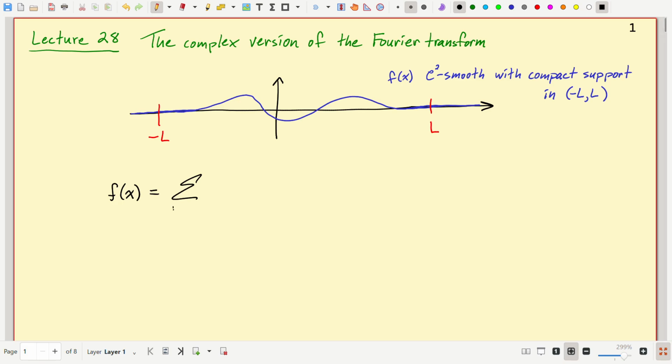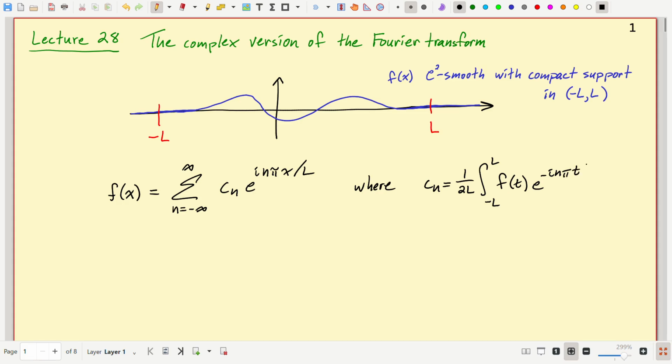We got a sum as n goes from minus infinity to infinity of Fourier coefficients c_n times, instead of e to the i n x, e to the i n pi x over L. Those are the basic Fourier orthogonal functions, and the c's were given by, instead of 1 over 2 pi, 1 over 2L, integral from minus L to L of f of t e to the minus i n pi t over L dt. Okay?